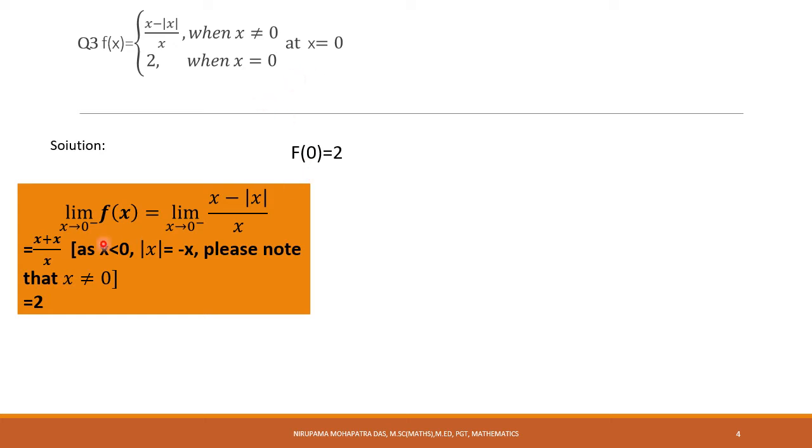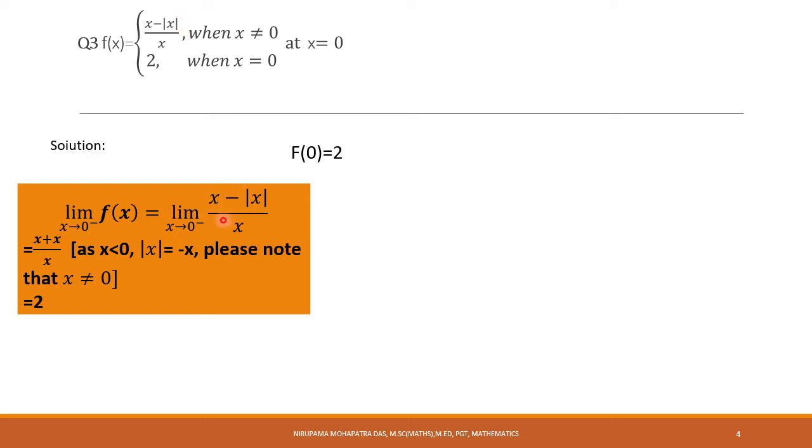So in left hand limit, limit x approaches 0 minus f(x) equal to limit x approaches 0 minus (x minus mod x) by x. So as I said, when x less than 0, mod x equal to minus x.